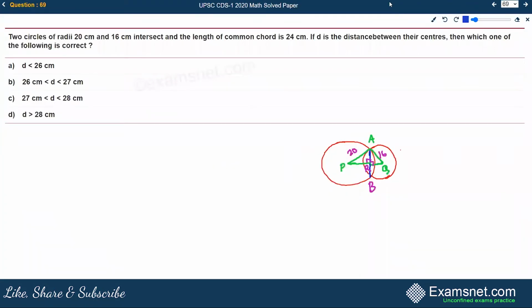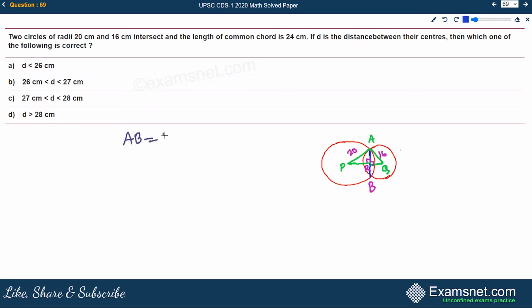In question number 69, we are given two circles of radius 20 centimeter and 16 centimeter that intersect, and the length of the common chord is 24 centimeter. I have already drawn it here. AB is the common chord, that is 24 centimeter.